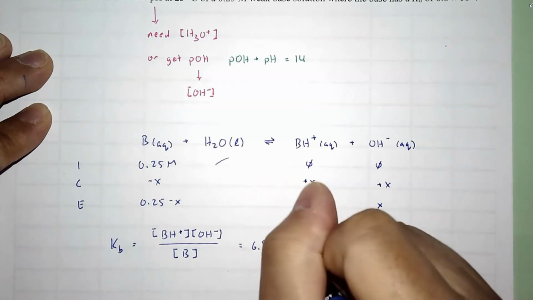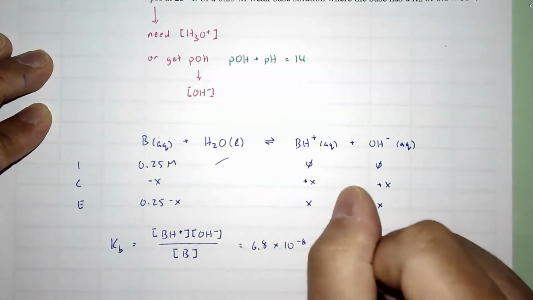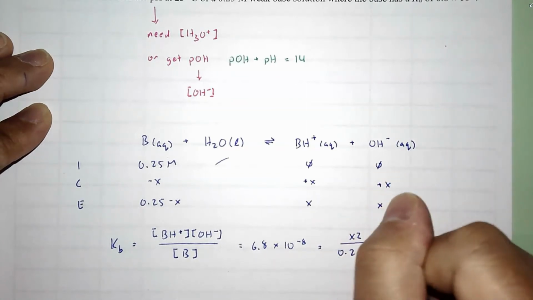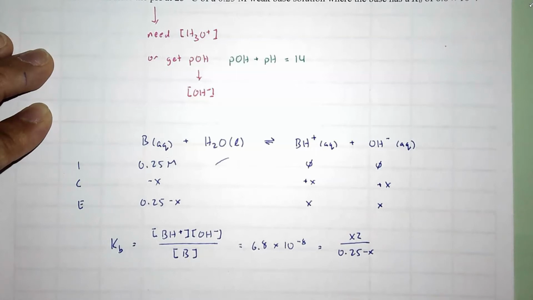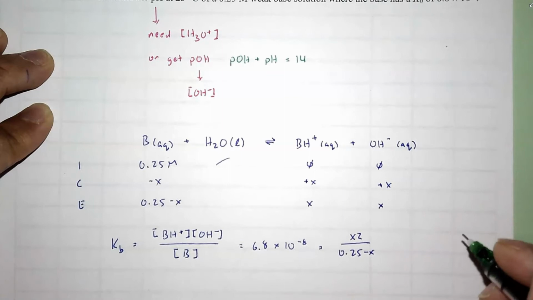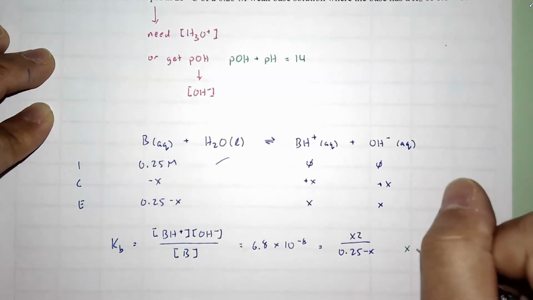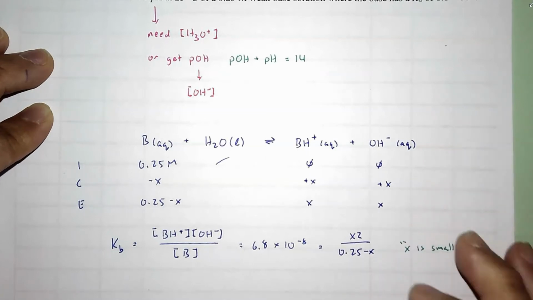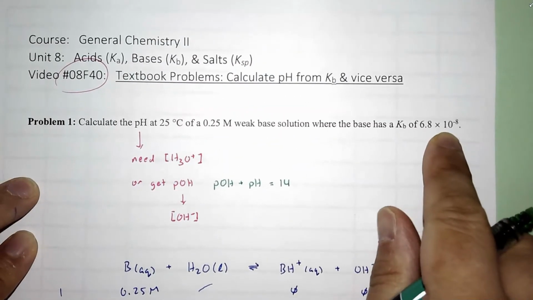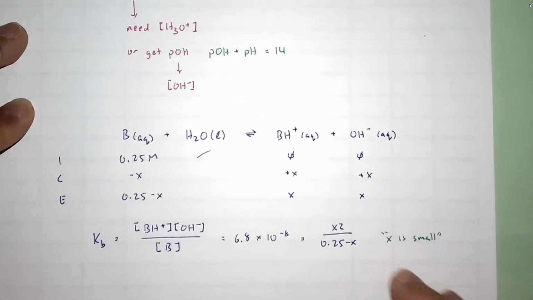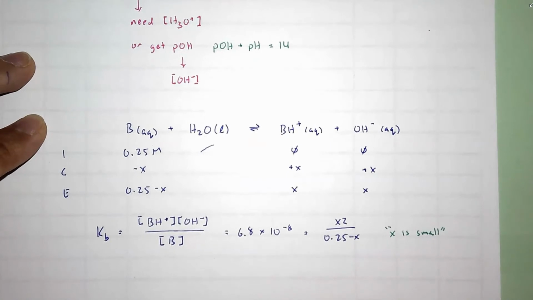6.8 times 10 to the minus 8 equals x squared over 0.25 minus x. Because Kb, the equilibrium constant for this base reaction, is very, very tiny, we're going to use the x is small approximation. In general, if your K is 10 to the minus 4 or smaller, try the x is small approximation, and then you will check whether it is valid.